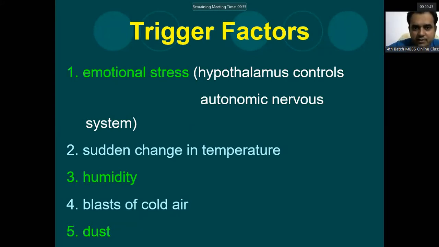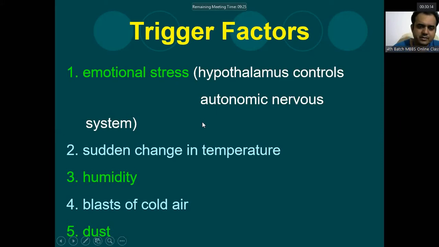There is no allergen, no allergic exposure, but there is emotional stress. Hypothalamus controls the autonomic nervous system, and the triggers include sudden change in temperature, humidity, blast of cold air, and dust. And when you ask your patient about the history, they will give you this typical history.